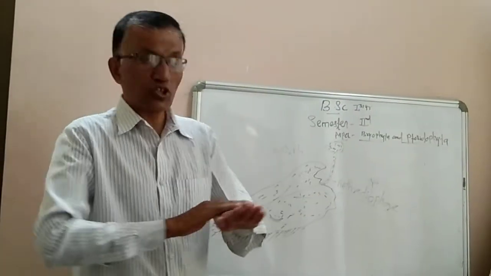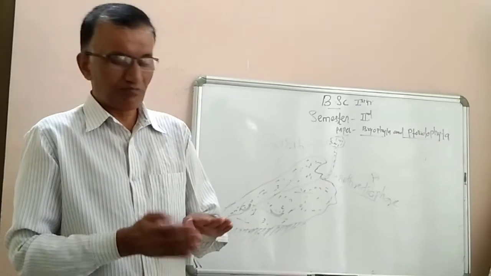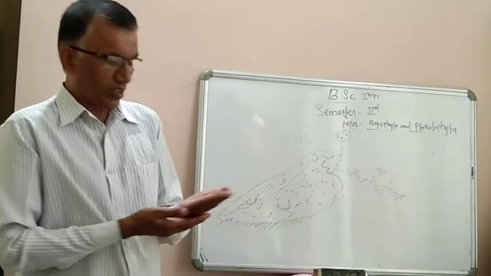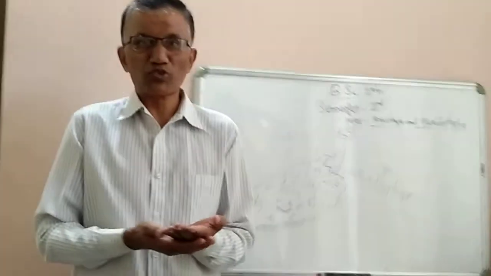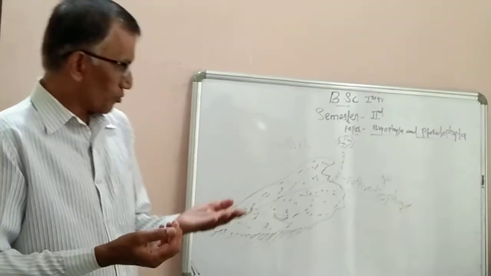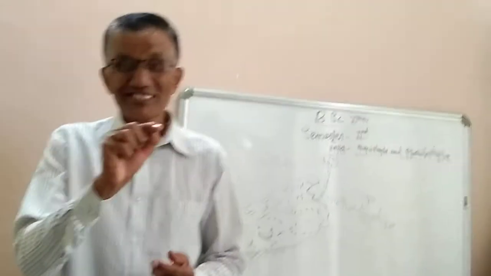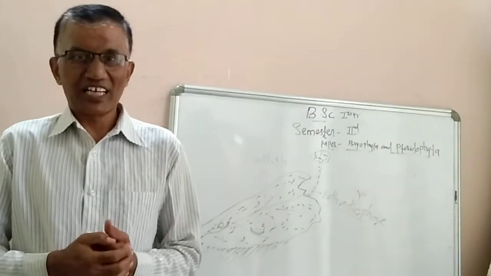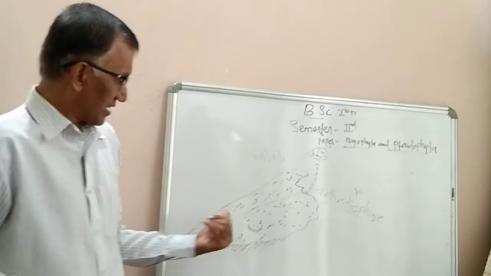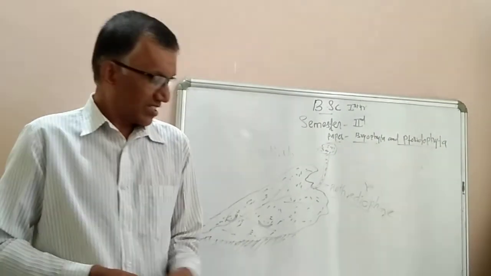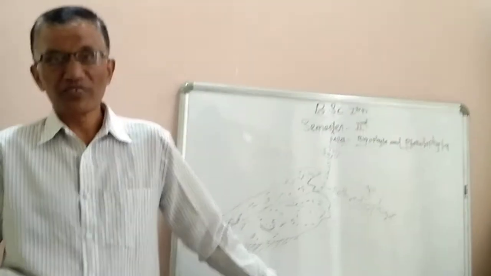So this is about the dorsal surface of the Marchantia thallus. Now on the lower surface, known as the ventral surface, on both sides of the midrib there are certain hair-like structures. They are nothing but scales and rhizoids. Scales are again of two types.